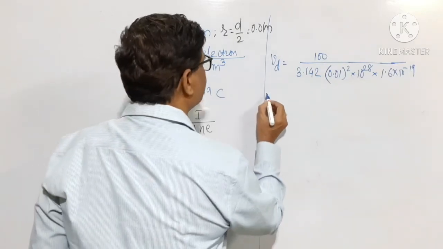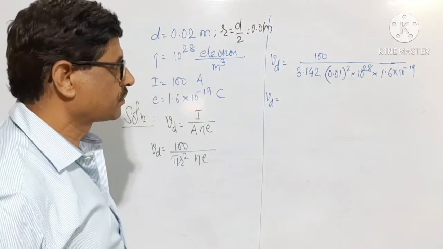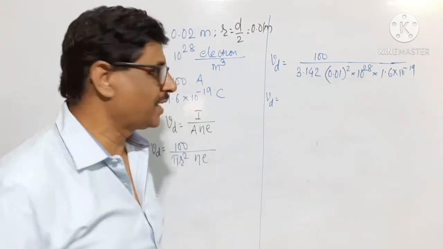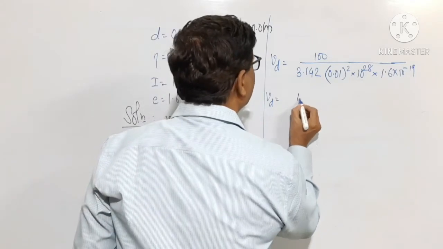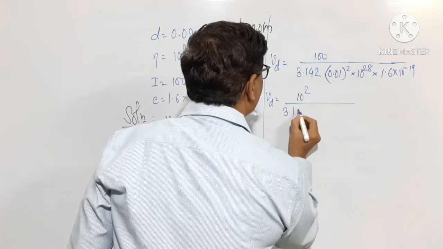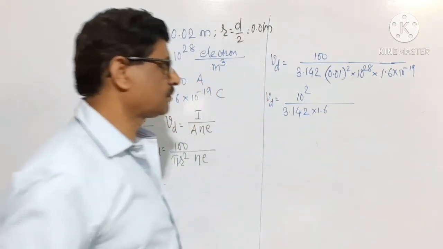Therefore, the drift velocity or the drift speed is equal to, we will take all powers of 10 together. Here you will get 10 to the power of 2, then 3.142 into 1.6.